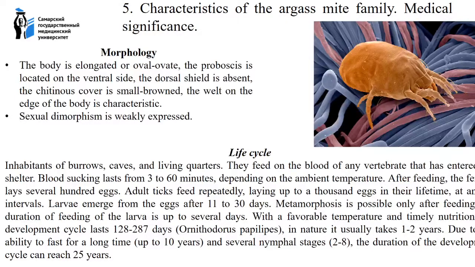The chitinous cover is small, brown. The welt on the edge of the body is characteristic. Sexual dimorphism is weakly expressed.